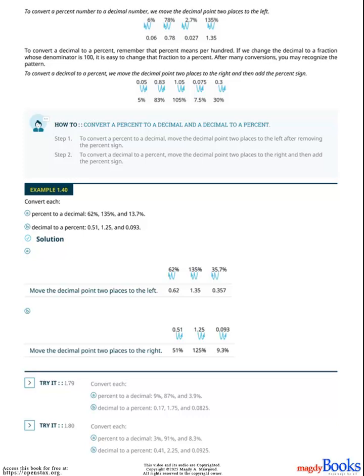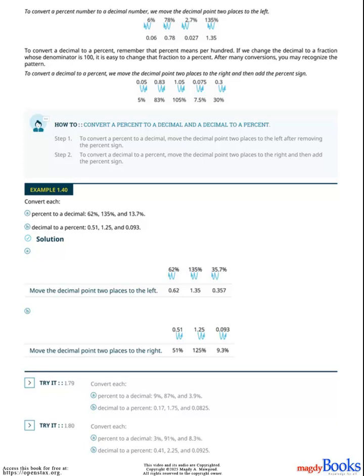Step 1. To convert a percent to a decimal, move the decimal point 2 places to the left after removing the percent sign. Step 2. To convert a decimal to a percent, move the decimal point 2 places to the right and then add the percent sign.